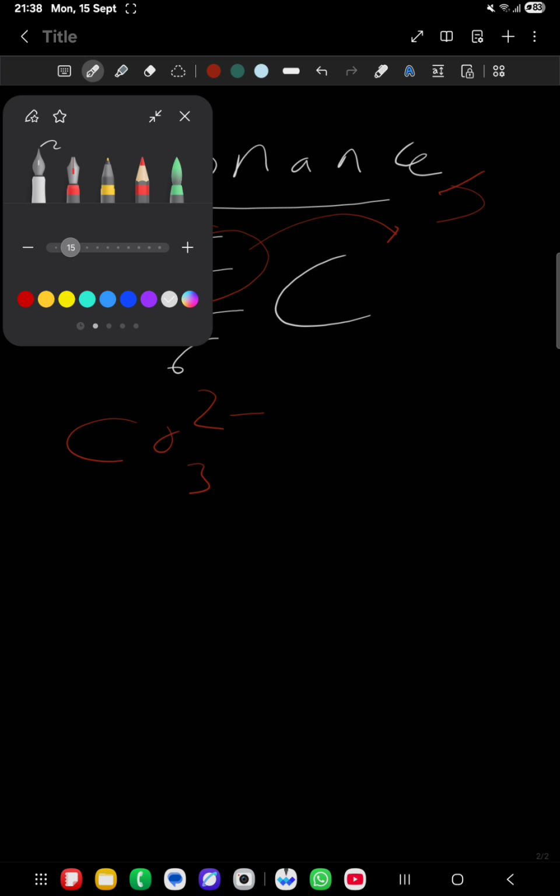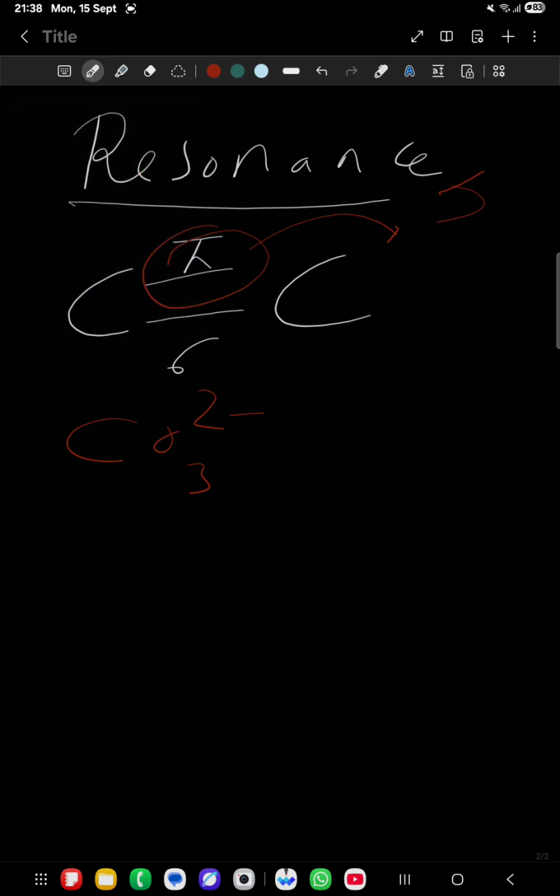Can we draw a bond between carbon atom and the oxygen atom? Here one oxygen atom, here one oxygen atom. And we know that oxygen atom has how many electrons? Six electrons. So two are being shared. Is it visible? I think yes, it is visible.